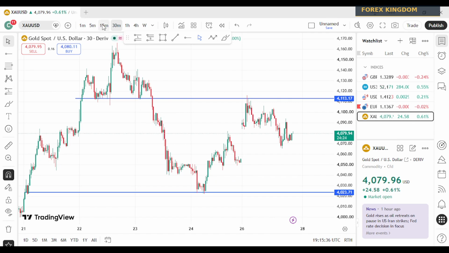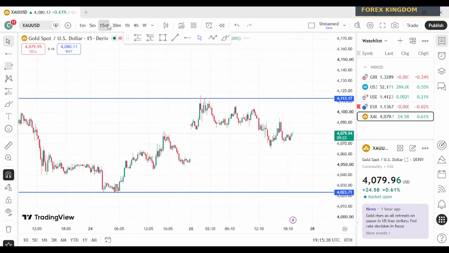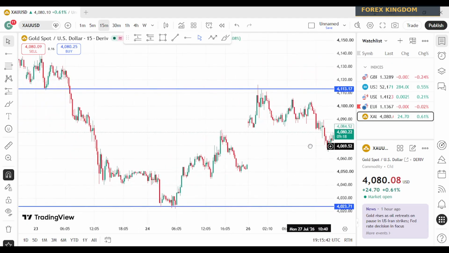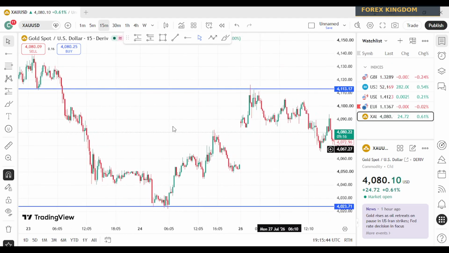So I'll drop back to the 15-minute time frame. In this 15-minute time frame, I recognize the bearish scenario here, and then there was some kind of change of character here. The difference between change of character and break of structure is that a break of structure confirms a continuation of the current trend.